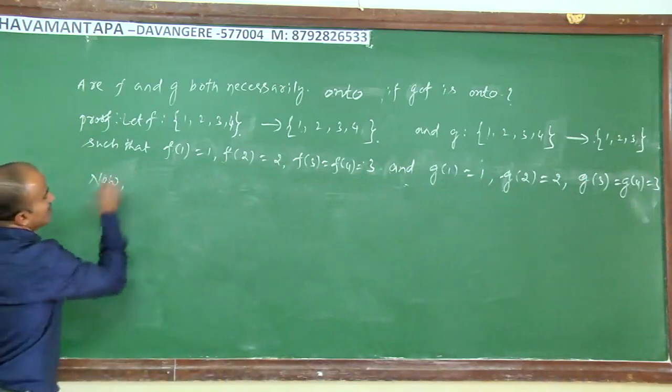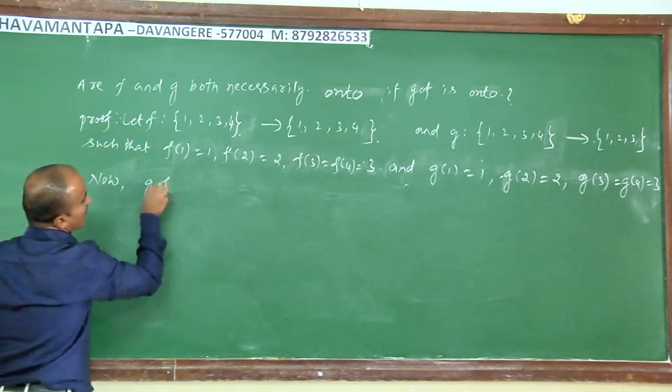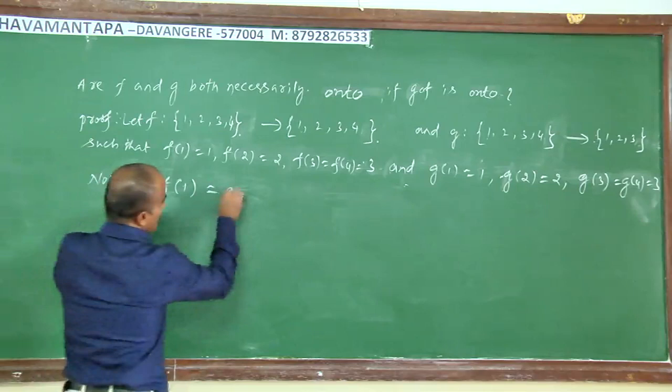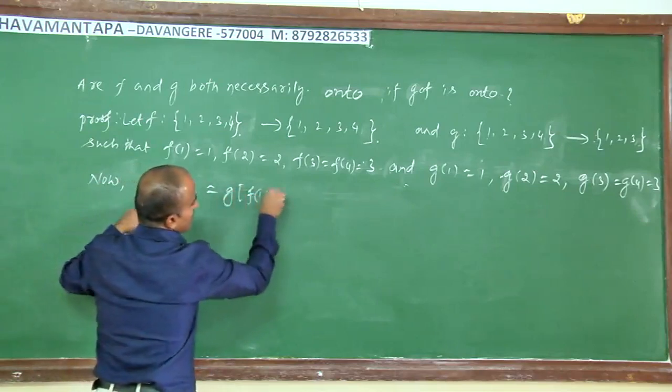Now we will find g∘f of 1 equals g of f of 1, where g of f of 1 is what?